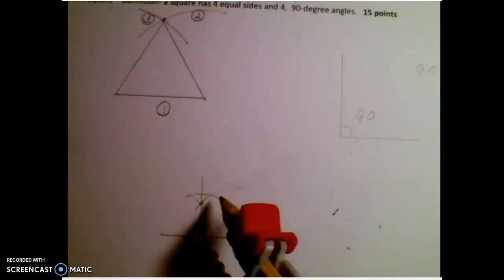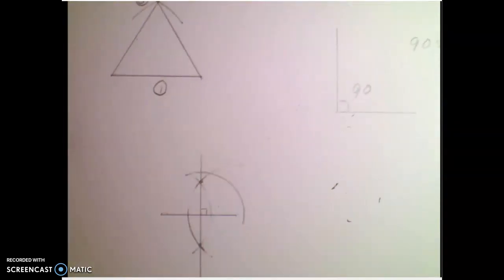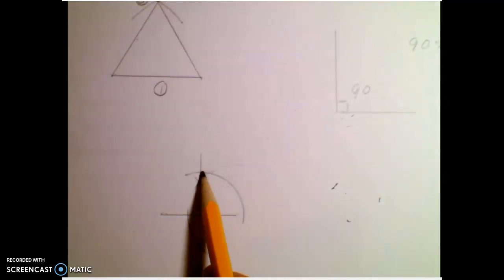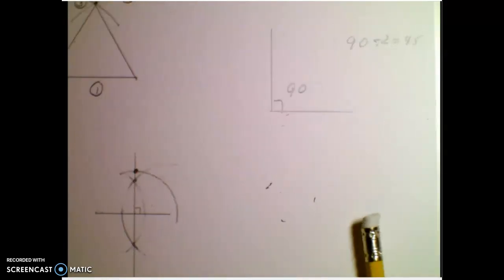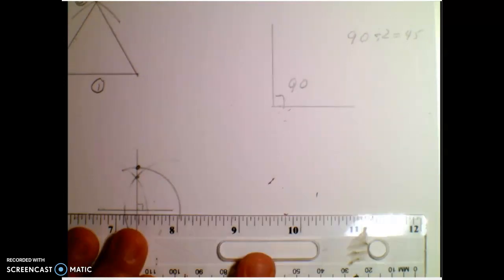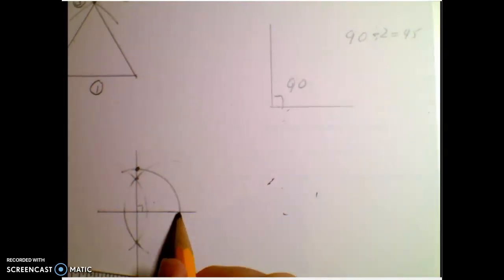So I just made this arc, from that little box, a big arc. It meets there. And it also meets down here, but my line didn't go far enough, so I'm going to extend it. Here you go. So I want to know where that point is.